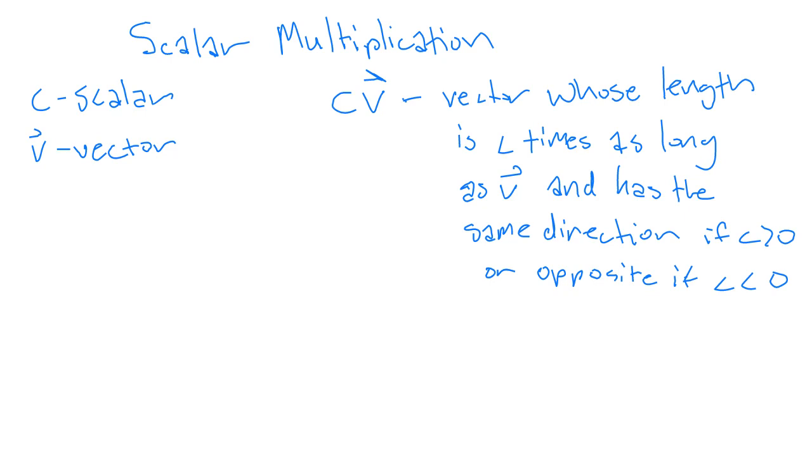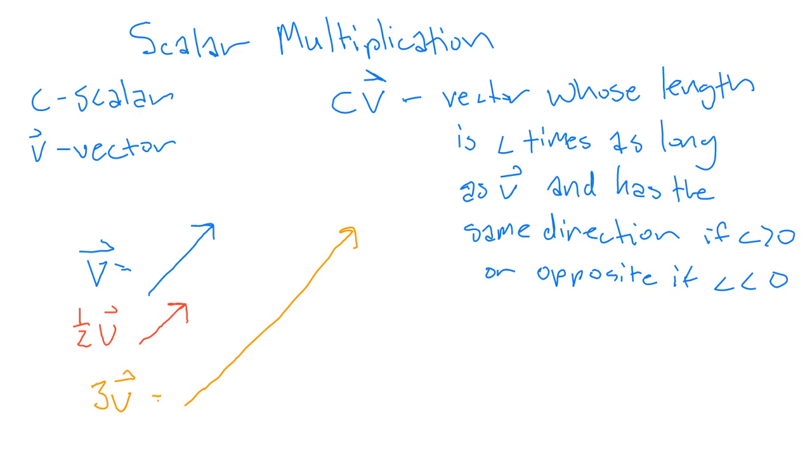So let's say we have our vector v, which is this. One half v is the same thing with just half the length. 3v has a much longer length.